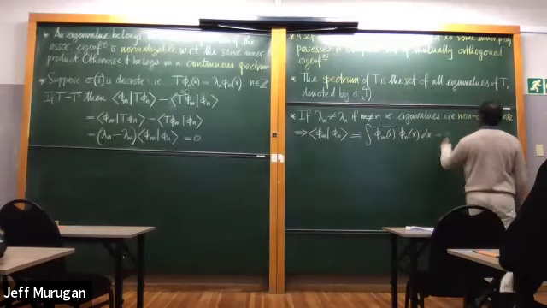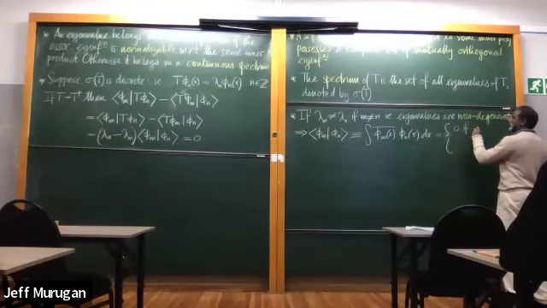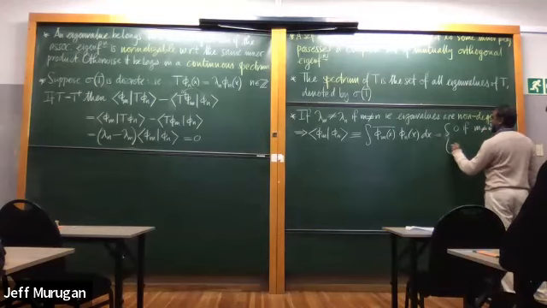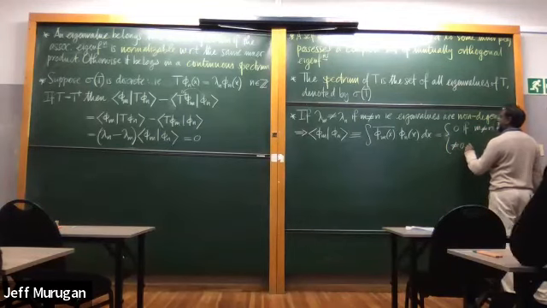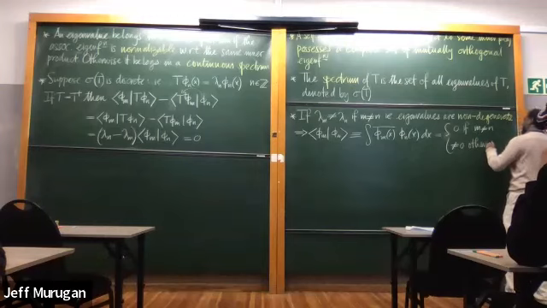It's equal to 0 if m is not equal to n, and not equal to 0 otherwise.